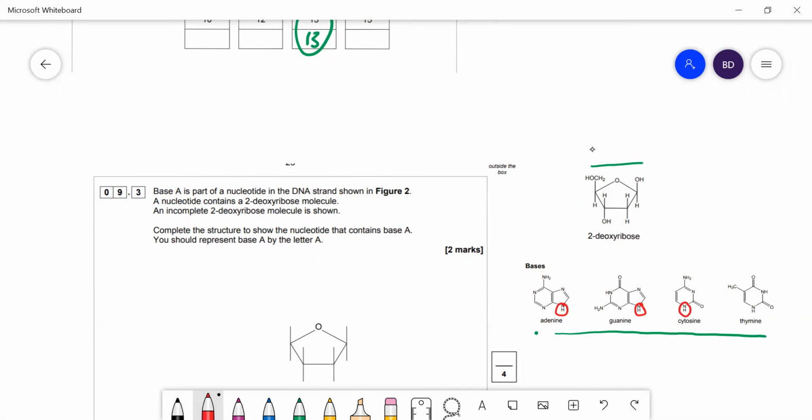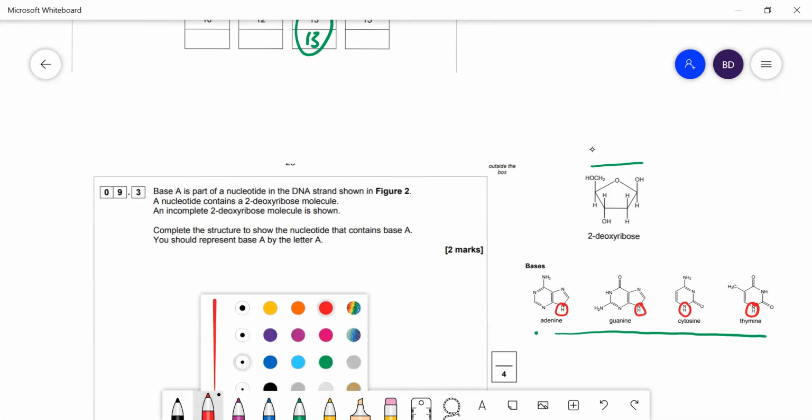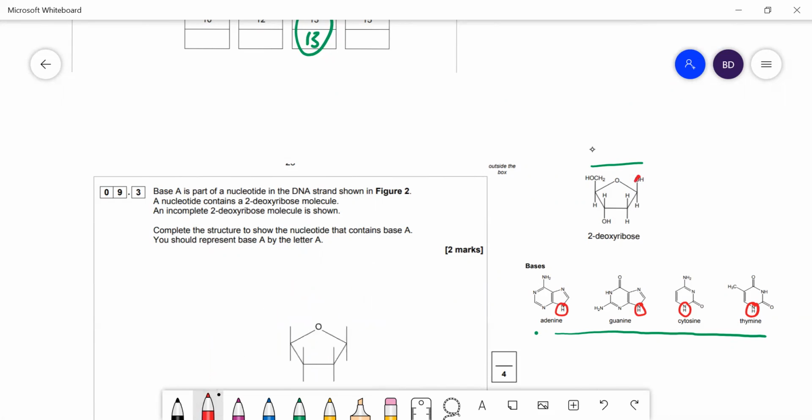It's not really asking us that, but it's worthwhile remembering that. And it always attaches there. So what happens is you lose water, and so you end up with the nitrogen directly bonded to the carbon there. Right, so it says represent the base by the letter A, so I'm just going to put A there and put all the other bits on the molecule.